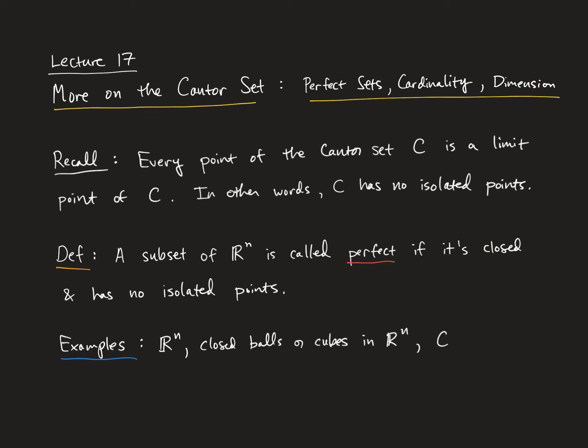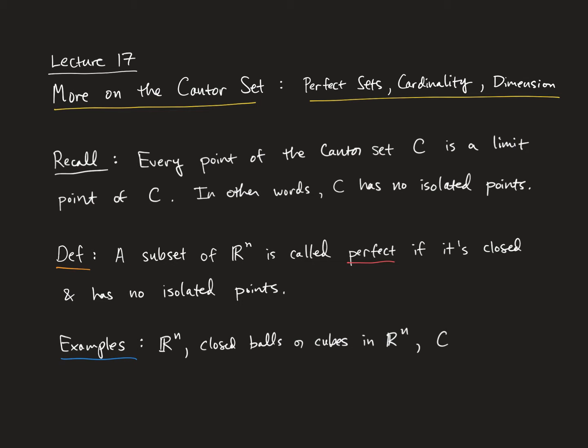So generally, if you have a set and you look at a point in that set, either every ball around that point contains a point other than it in the set, or there's some ball that contains no points in the set other than the point itself. So every element of a set is either a limit point of that set or an isolated point. To say that everything in the Cantor set is a limit point is exactly to say it has no isolated points.